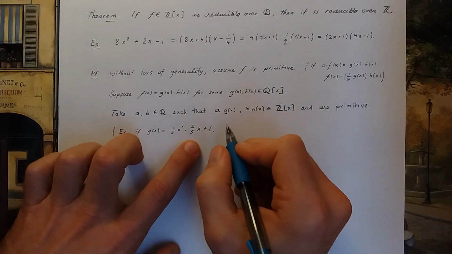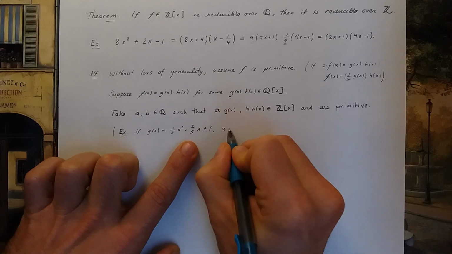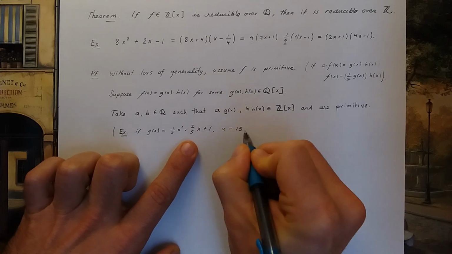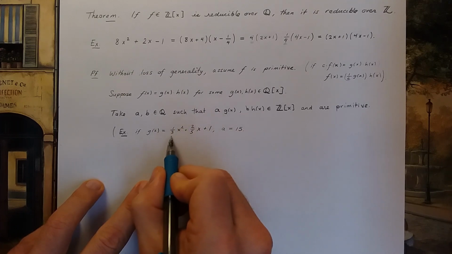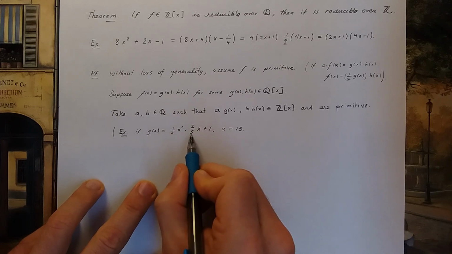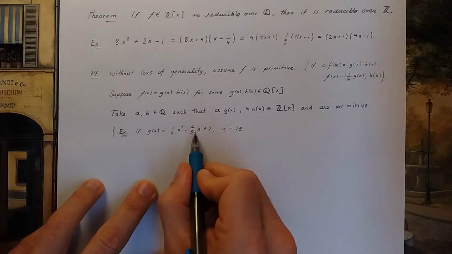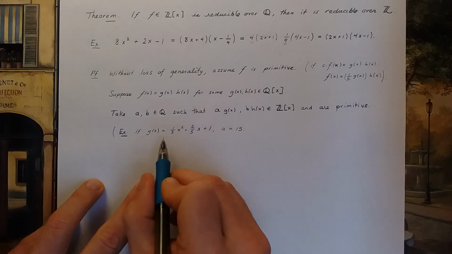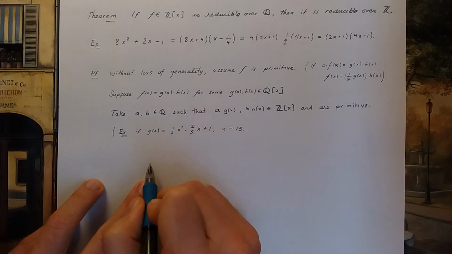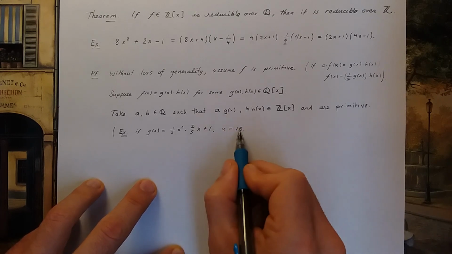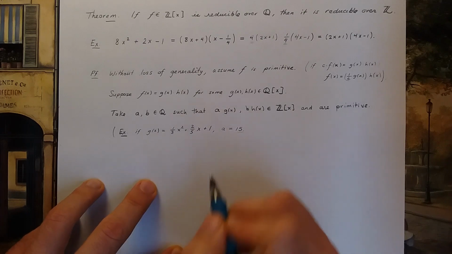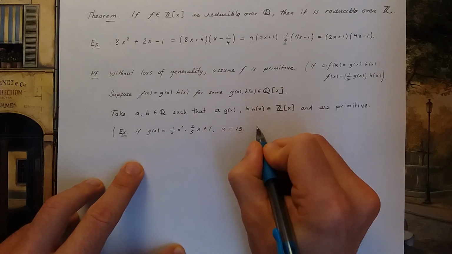So I'm going to take a to be 15. Because if I multiply this polynomial by 15, I'll get 5x squared plus 6x plus 15, and the coefficients are then relatively prime. I wouldn't want to multiply by 30 or something, because then my a is too big and I don't get a primitive polynomial.